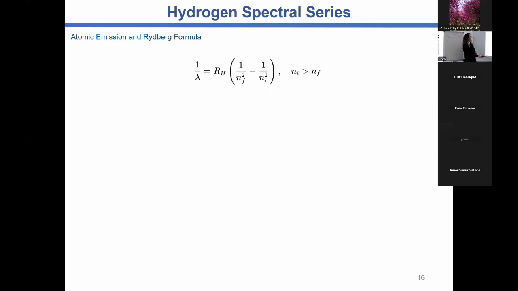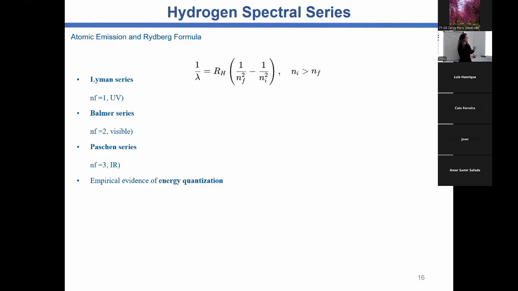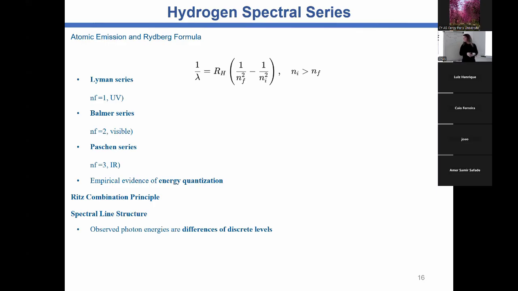Historically, the first spectra that was observed used hydrogen, which is the most popular and the easiest atom to observe. And hydrogen has one electron, and the energy of this one electron must be here.